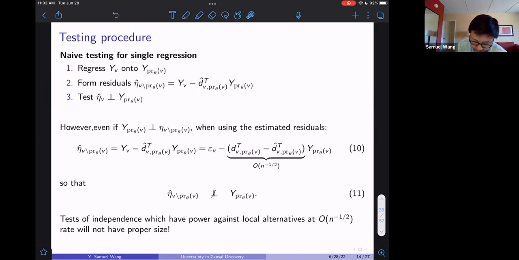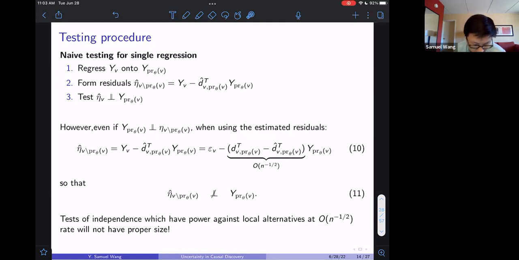So the linear coefficients, in some sense, you can think of as nuisance parameters. And when I don't have them exactly correct, I can think about the estimated residuals as having some term which actually includes the predecessors of v, even when the null hypothesis is true, that I've correctly specified the causal order.